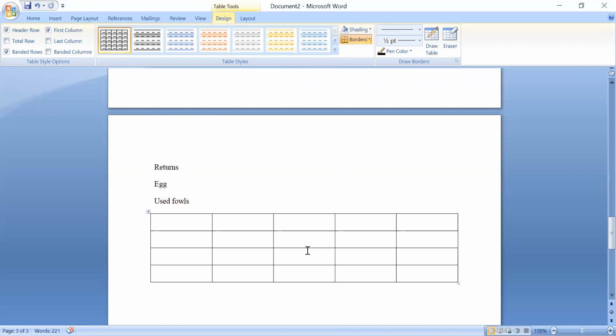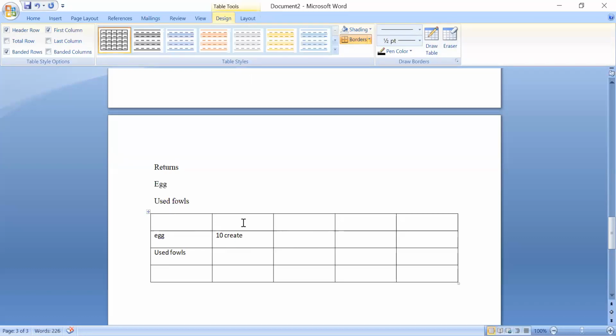Now, these are the 2 things that bring money to the company. Now, let's say eggs. How many crates can you sell? Okay, let's put egg here. Egg. Used fowls. So let's say you are selling 10 crates per month.